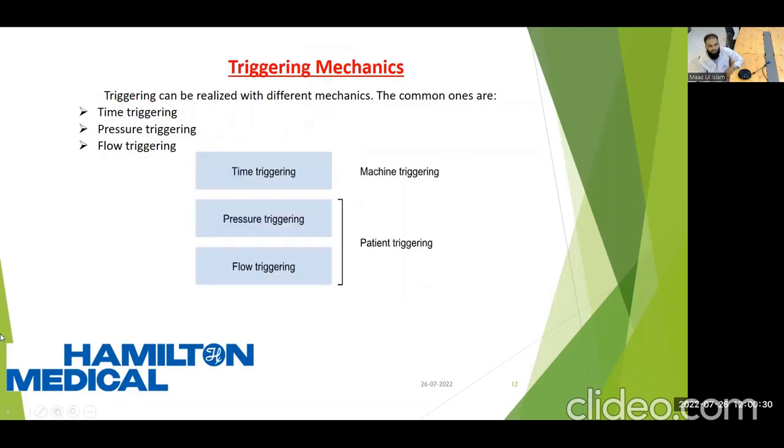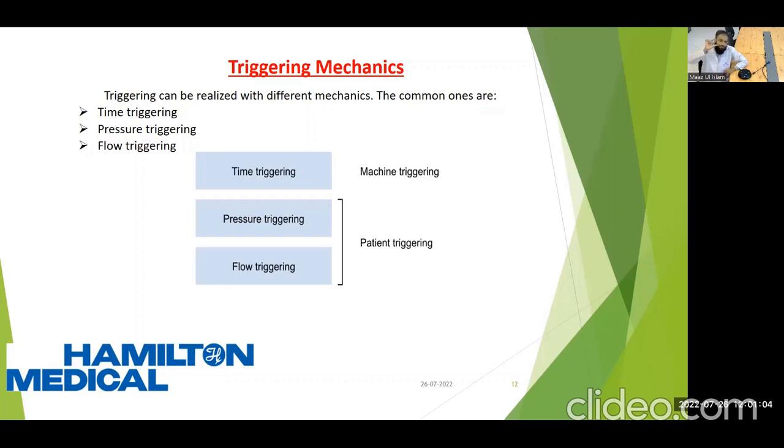Now, triggering mechanics. Triggering can be realized with different mechanics. The common ones are time triggering, pressure triggering, and flow triggering. I want to state the definition of triggering again: what causes inspiration to start is called triggering, either from the mechanical ventilator or from the patient's spontaneous activity.